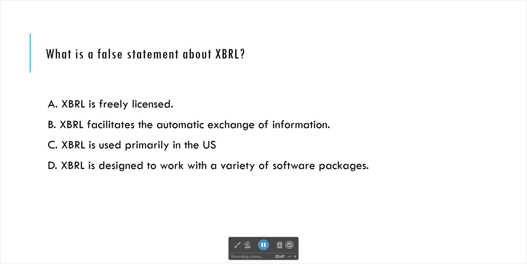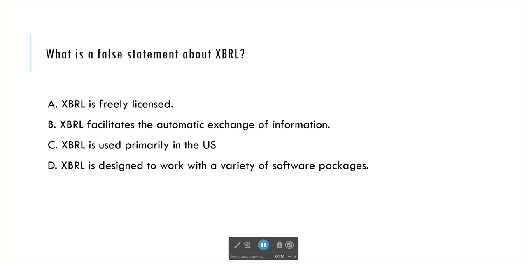It was actually developed so that there could be an interchange of information, particularly accounting information, in a worldwide setting. Thinking about the SEC, for example, there are many companies that are required to fall into the jurisdiction of the SEC, and they may have their operations in different parts of the world.